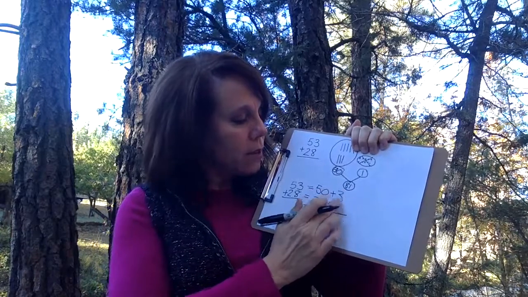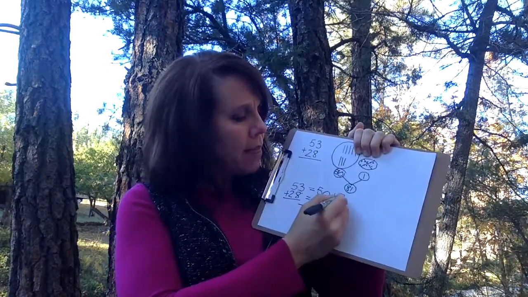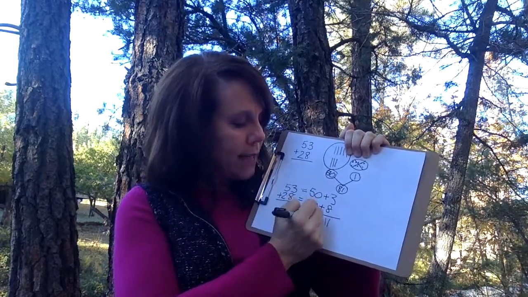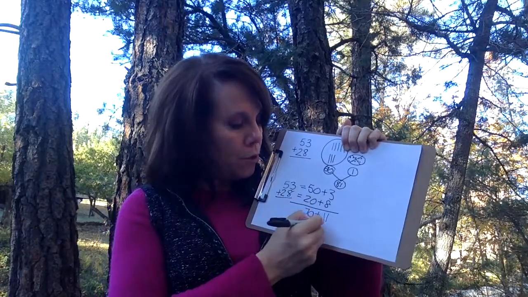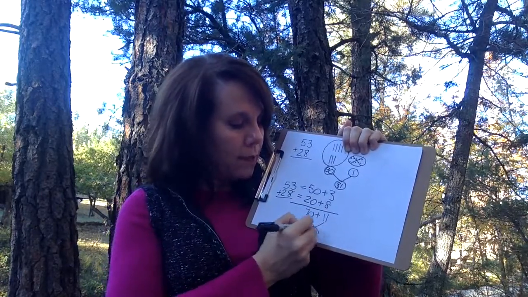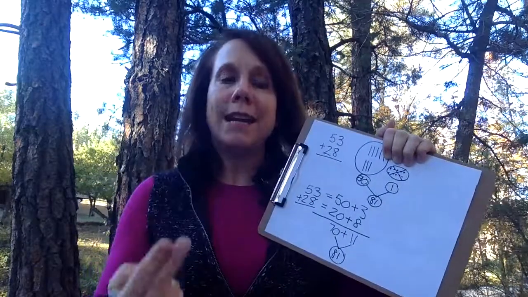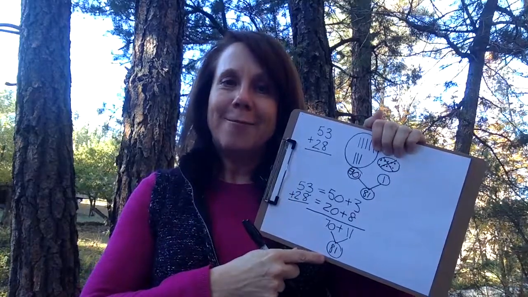So 8 plus 3 or 50 plus 20, I can start in either place. So this time I might think 8 plus 3 is 11 and 50 plus 20 is 70. So I have 70 plus 11. If I put those back together, once again, 70 and 10 more is 80, plus 1 more is 81. So 53 plus 28 is 81.